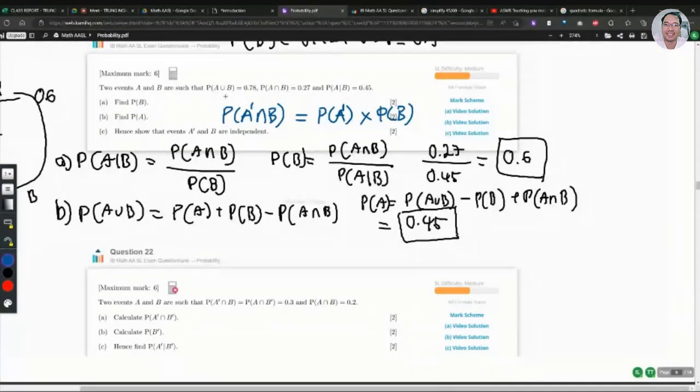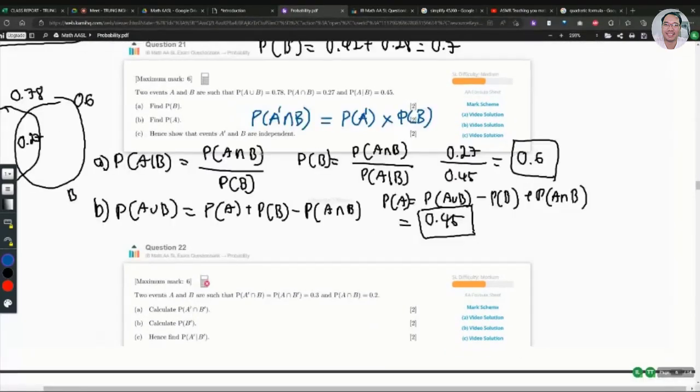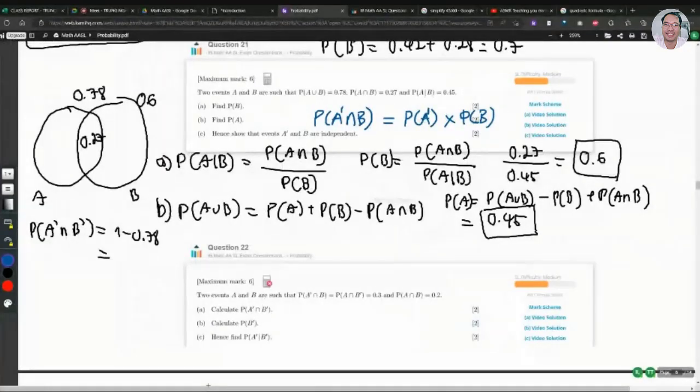So you need to write two other steps showing how to find the prob of not A and B and the prob of not A. Wait, you don't need to find not A and not B. We need to find not A and B. Not A and B means the prob of B minus the intersection.